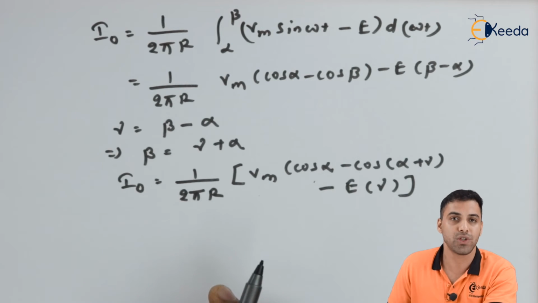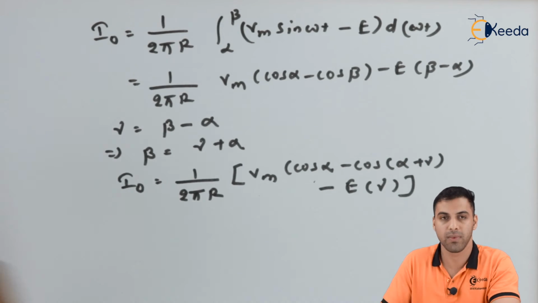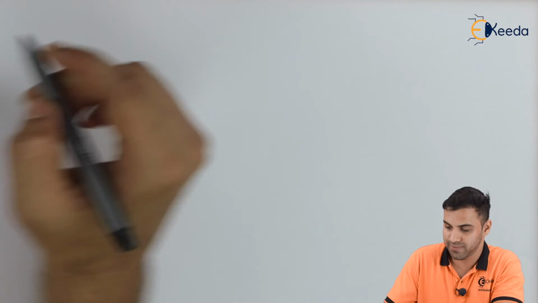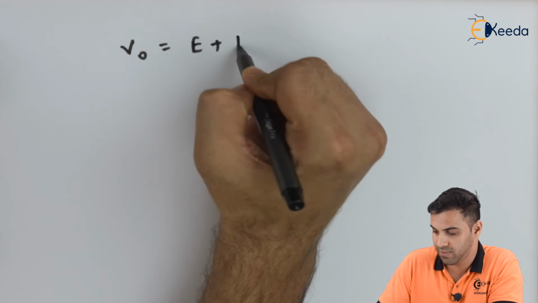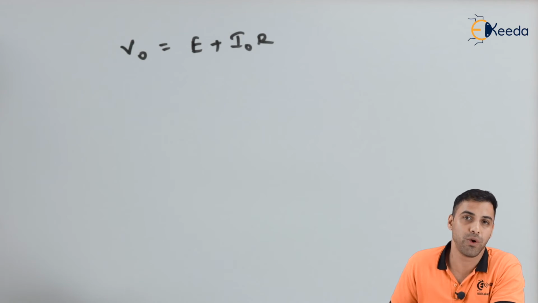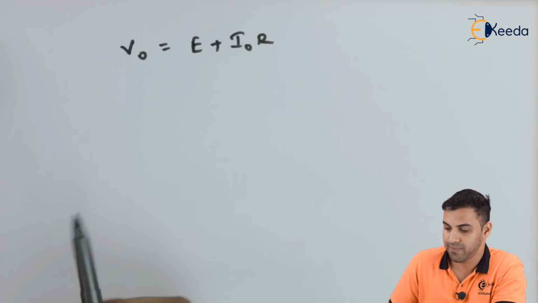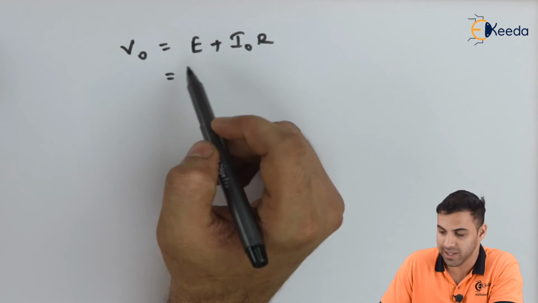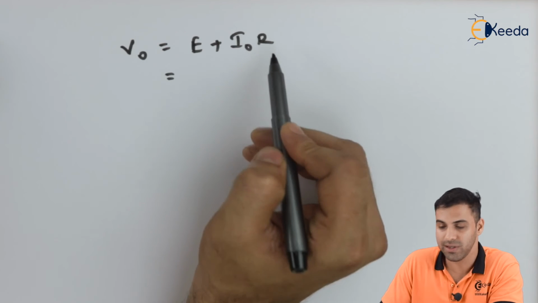So friends, let's talk about the power loss. Before we calculate the power loss, let's calculate the final value of the output voltage. As we all know, the output voltage is given by V naught equal to E plus I naught into R, where E is the load battery which is connected, I naught is the output current, and R is the resistance.